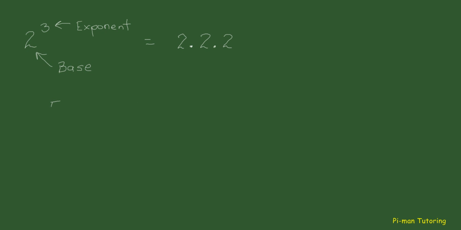Similarly, 5 to the power of 3 would be 5 multiplied by itself 3 times. We can also do this with algebraic expressions. So x to the power of 4 would be x multiplied by x multiplied by x multiplied by x.